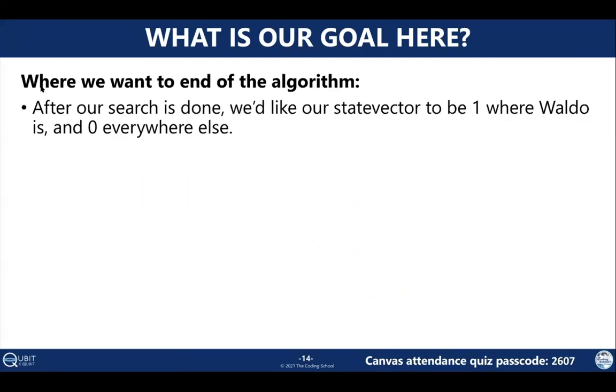So now that we've prepared our state, we need to start moving towards our goal. What is our goal in this case? We would like our state vector to be 1 where Waldo is, and 0 everywhere else. That means we have 100% Waldo. That's always our goal in life, to be the most Waldo we can be.